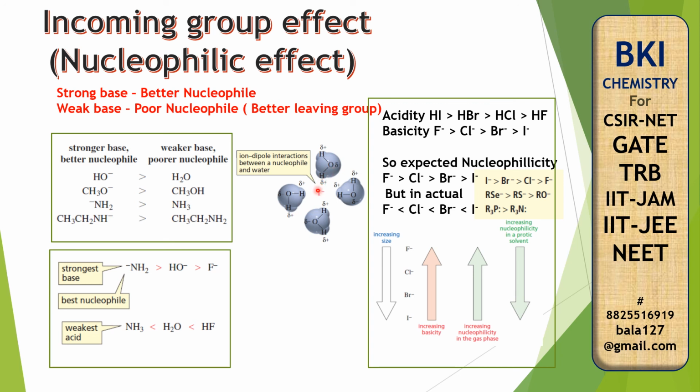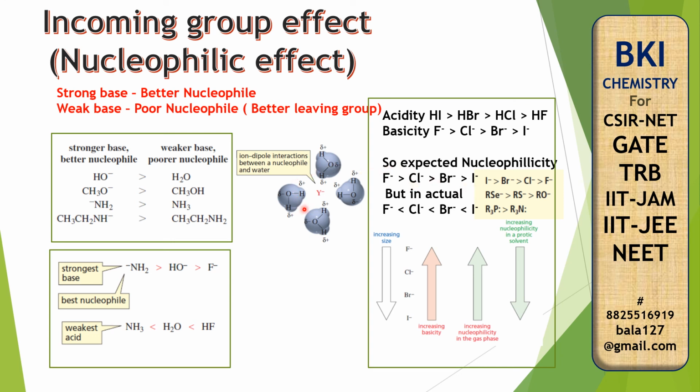So the small fluoride ion will be tightly surrounded by solvent molecules, whereas the bigger iodide will not be closely surrounded by solvent molecules. So the fluoride negative charge will be completely suppressed by the solvent molecules, whereas the iodide negative charge will be exposed a little bit outside to attack the electrophilic center. The nucleophile has to go and attack the electrophilic center to form the substituted product, only then will we call it a better nucleophile. So based on this, iodide will behave as a better nucleophile than F minus due to this solvation effect.